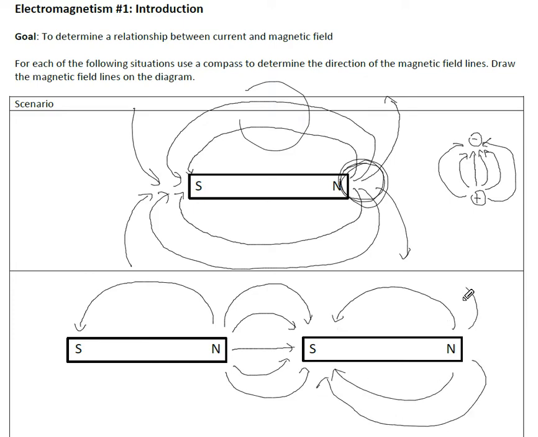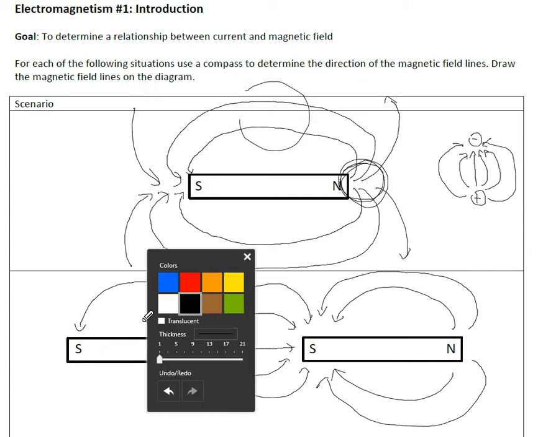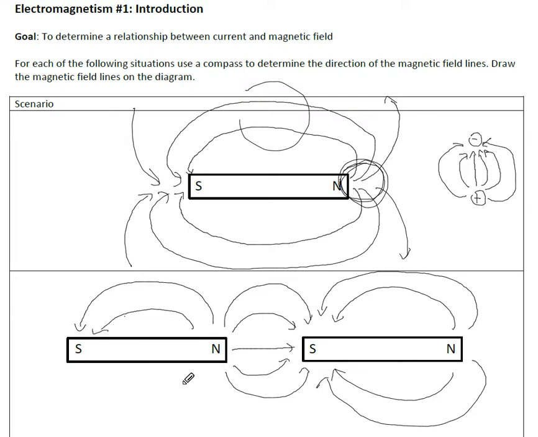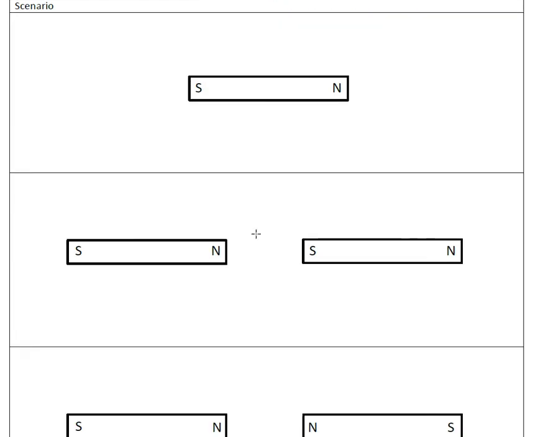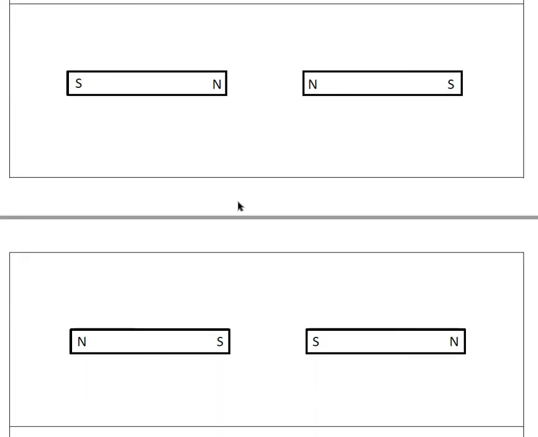Just showing a rough example of our magnetic field lines. Okay, so north to south, north to south. So something like the following.